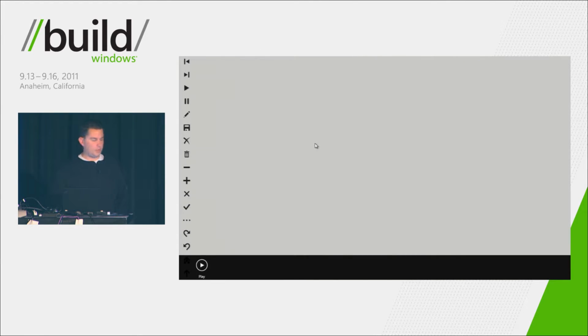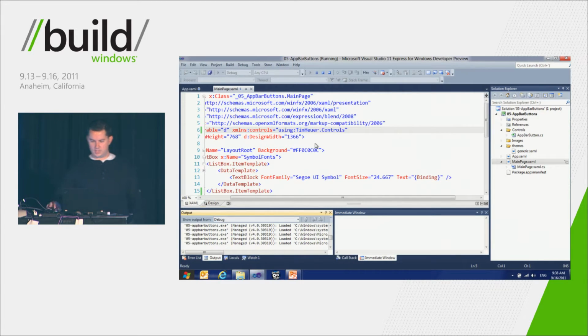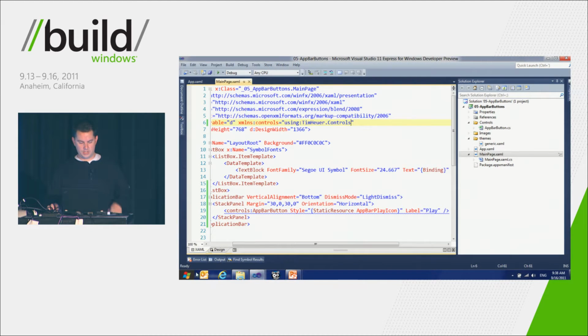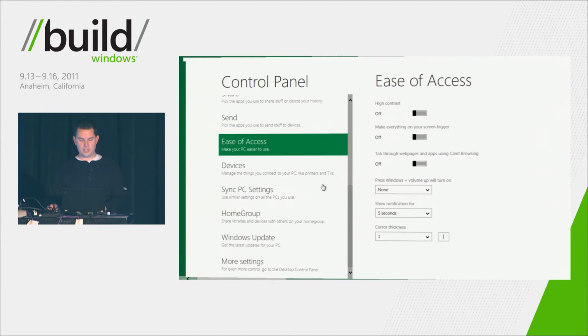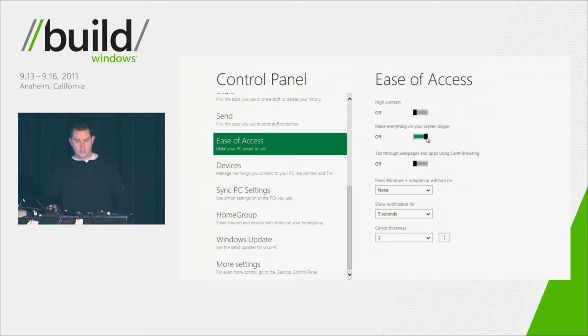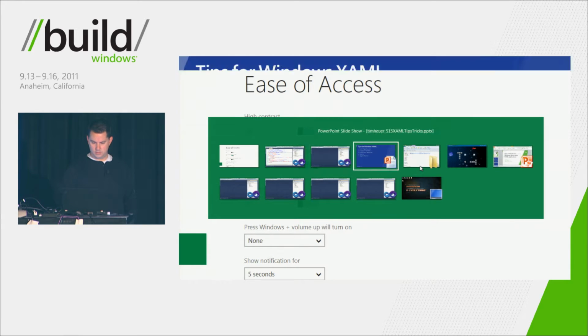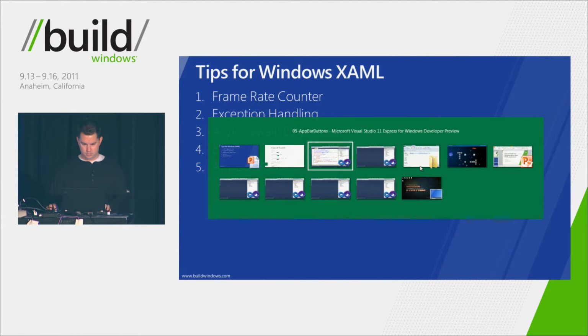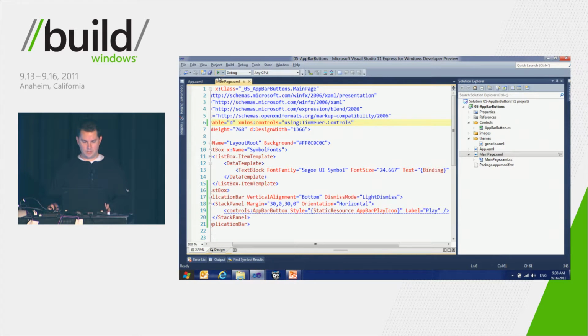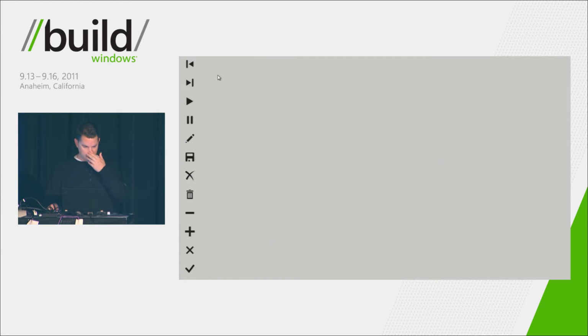Now if I bring up the app bar, by using that glyph and a custom control with a couple simple properties, I get a very specific and predictable application bar. Why this is important to consider: if you went to my session talking about pixel density, let's turn everything to a higher DPI and run my application again.